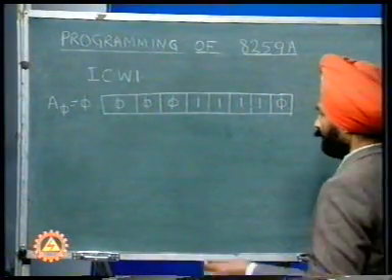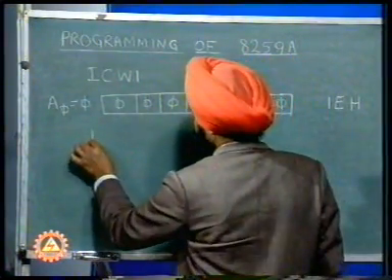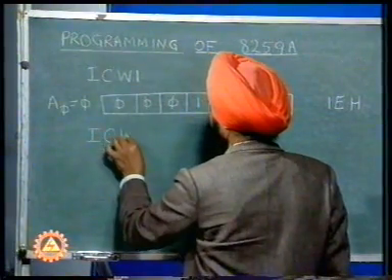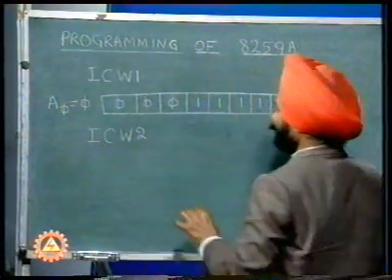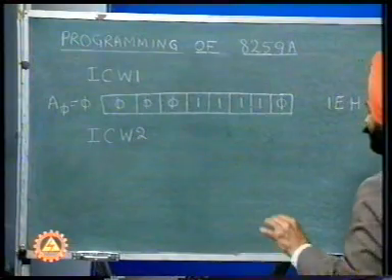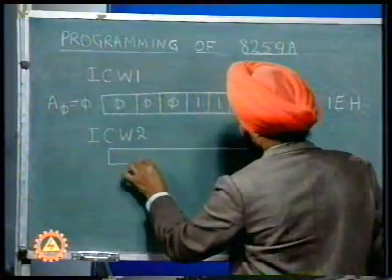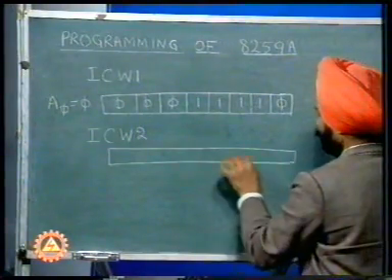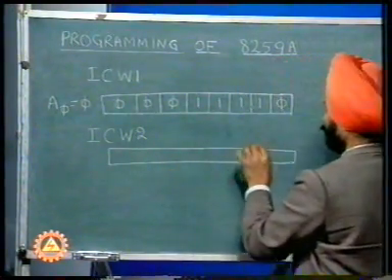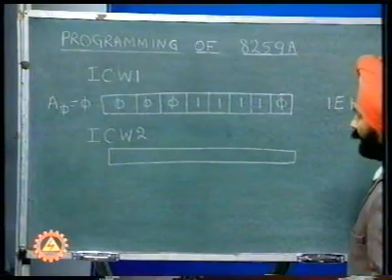Similarly, ICW2 can be developed. Now, ICW2 passes on the higher byte of the address of the interrupt service routines. So, that means the bits here decide about the higher byte of the address.